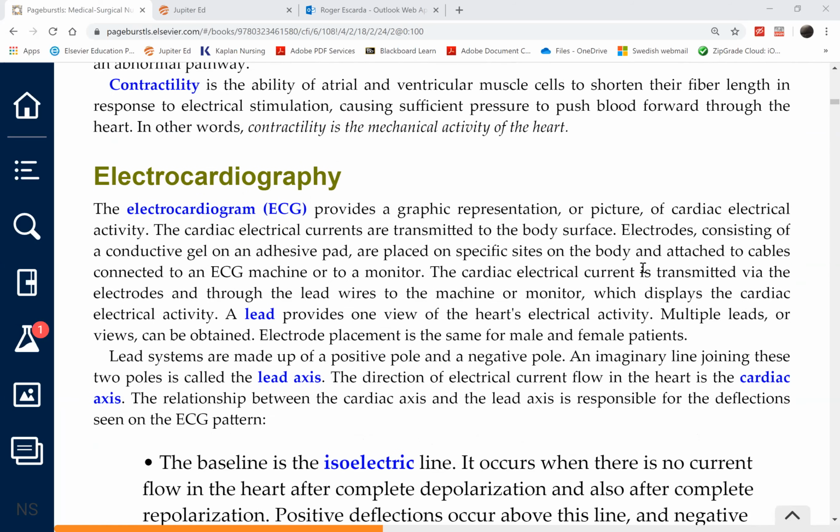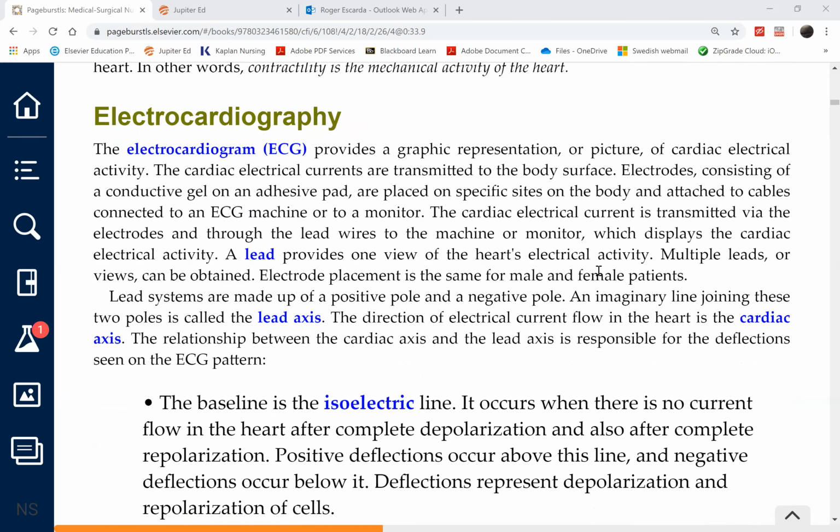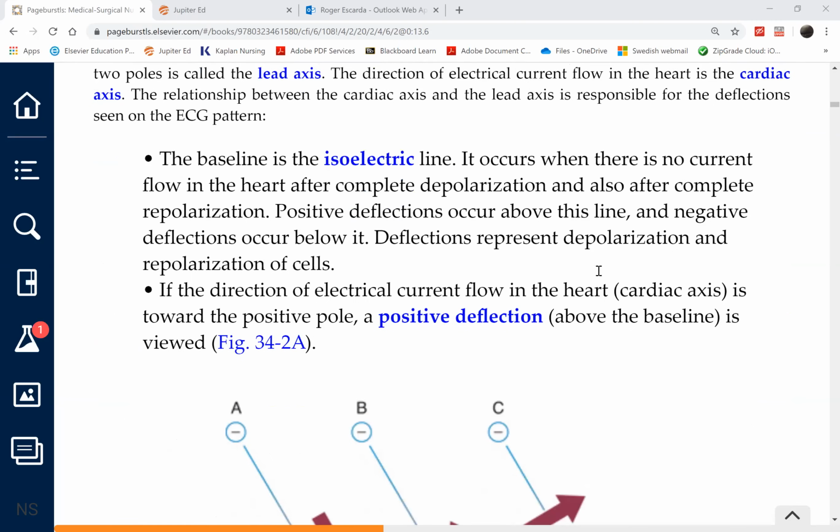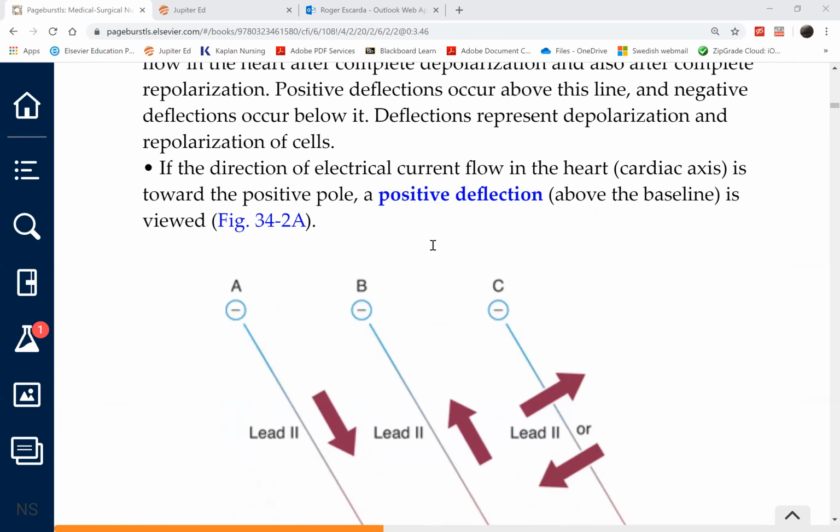All right. We still have 4 minutes before we end. Let me just finish up a little bit before we start with rhythm interpretation. So again, to recap, the baseline is the isoelectric line, and I showed the concept, meaning this is an imaginary line from which positive and negative deflections lead and form.